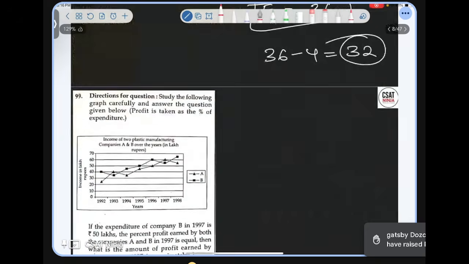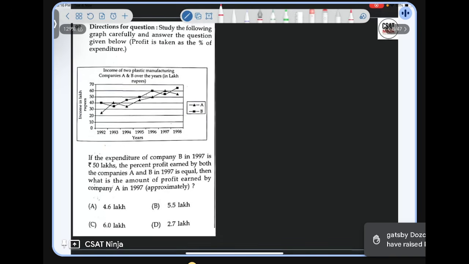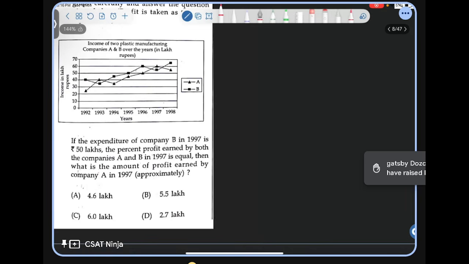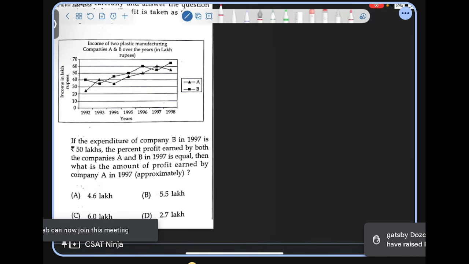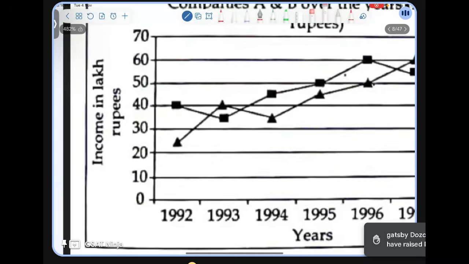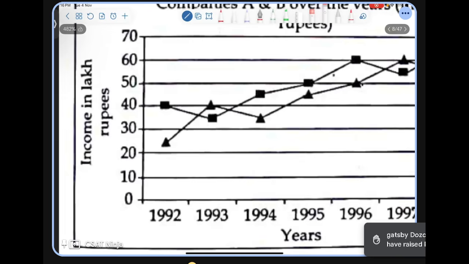Okay. The next question is based on a line graph. So the question is, what is X? The data here is income on this axis, and this one is in terms of years. Sometimes like this, I'll explain something here.